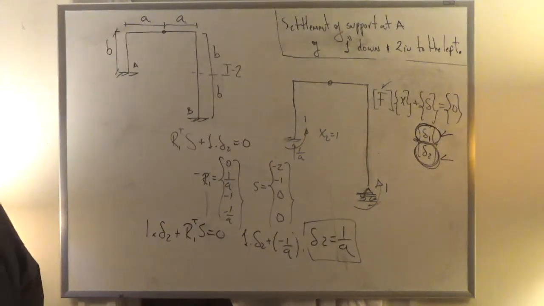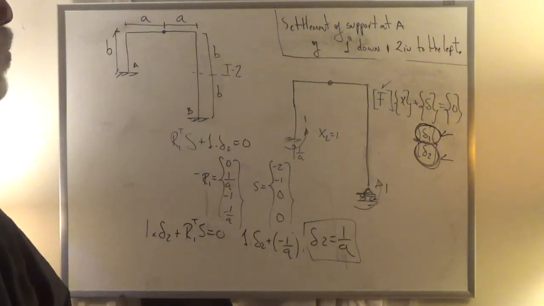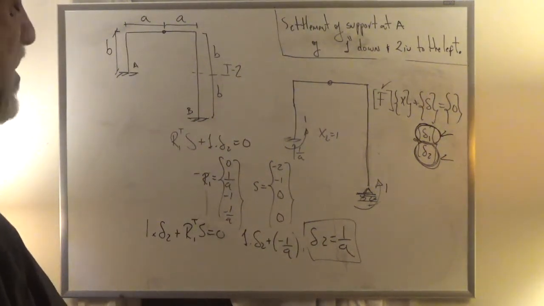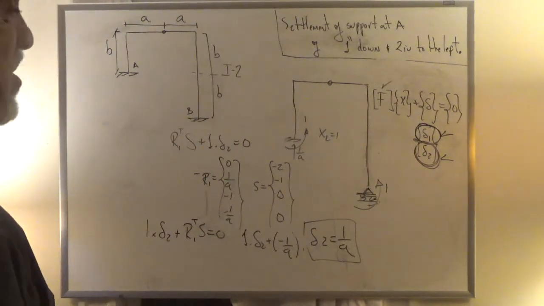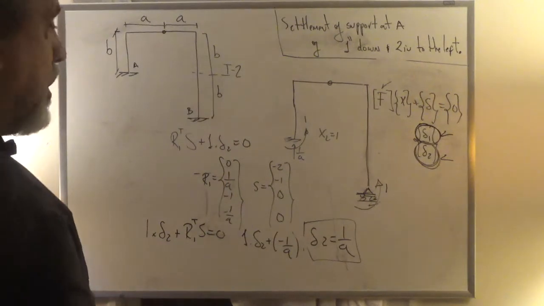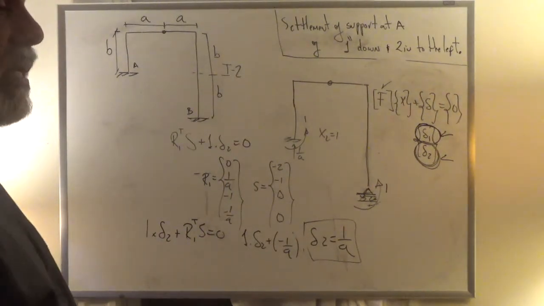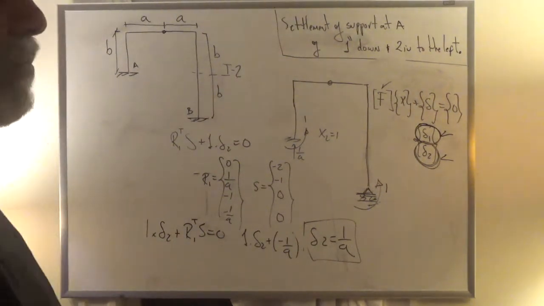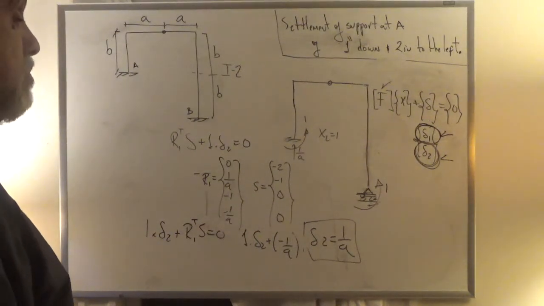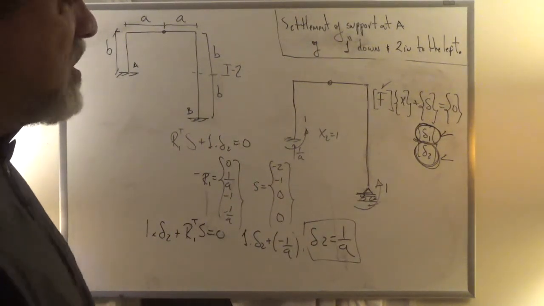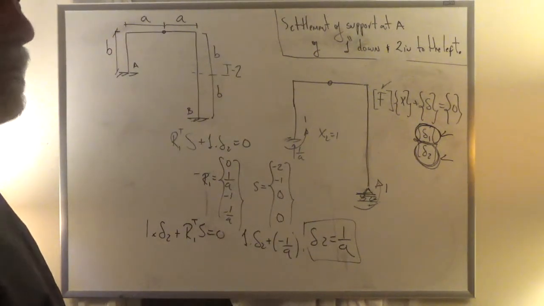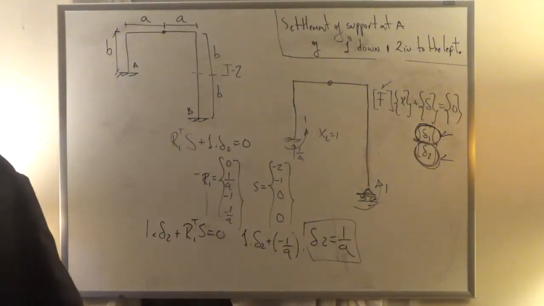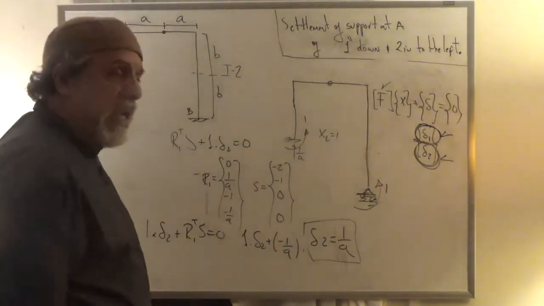So in the next lecture, I will solve the standard situation, right, where the action that is producing effects is not temperature, is not settlement of supports, is an applied load. Of course, that's perhaps the most standard case, right? So we will do that example, but there's really nothing new in it, right?